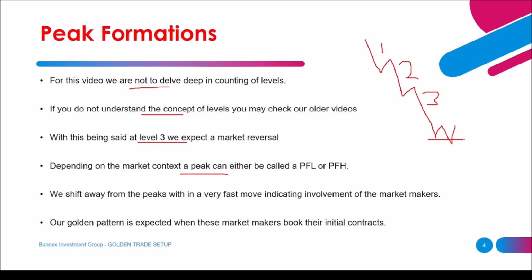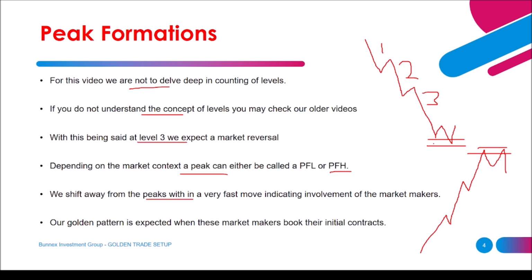Like in this context, we have this as the peak formation low, and if it is in a downward context, we will come from a point called the peak formation high or PFH. From these peaks, we shift away with a very fast move, indicating involvement of the market makers.